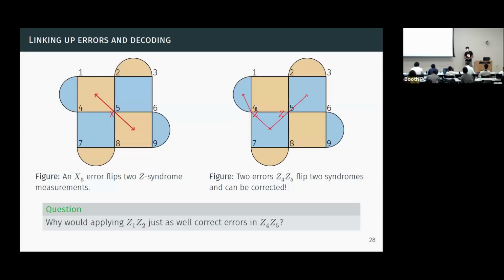Those are the logical operations, right? And they operate on the logical subspace. Yeah. Other questions?